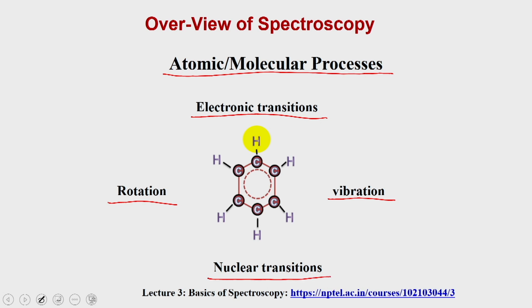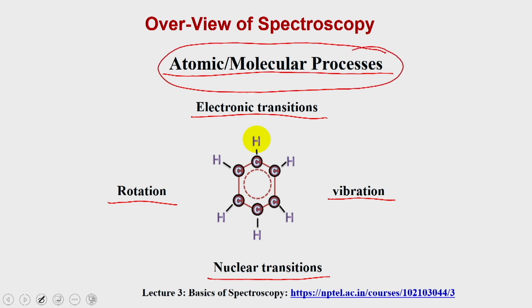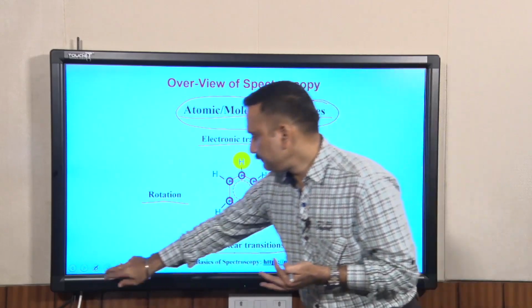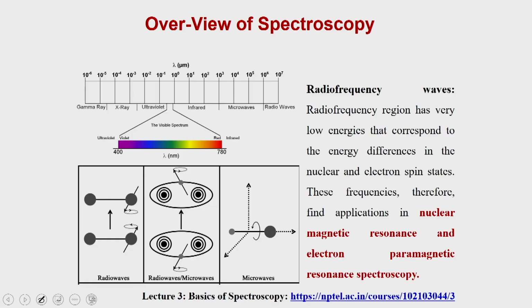What are these phenomena or processes, and how can you map the electronic transitions, rotations, nuclear transition or vibration using the different parts of the electromagnetic radiation? So, first let us see that this is the electromagnetic radiation, this is the visible spectra, and this is the radio waves, microwaves, infrared, ultraviolet, X-ray and gamma rays.